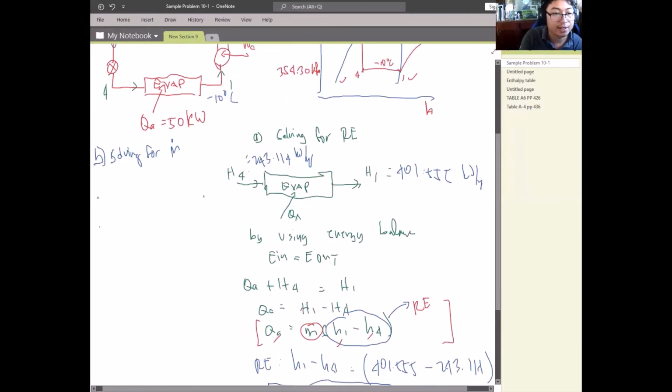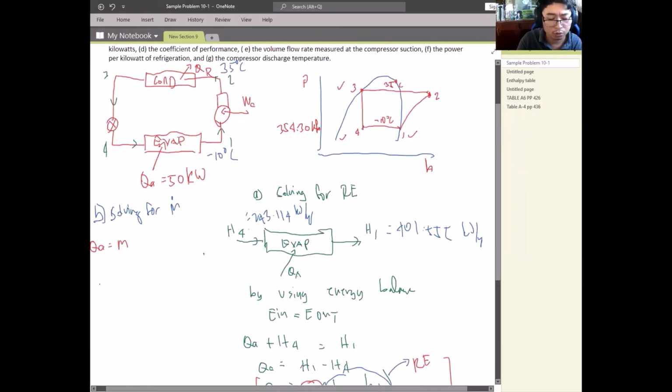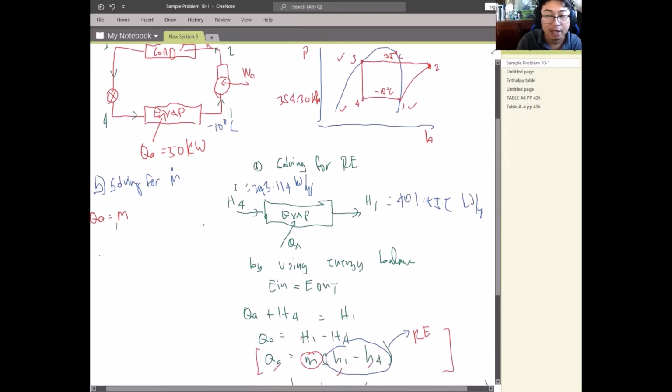So using that equation, if you don't know where you get the mass flow rate, just find the complete data of energies on this evaporating system. You can solve the mass flow rate from there. In this example, the evaporator side has a complete data because we have a given value of 50 kilowatts of heat addition.